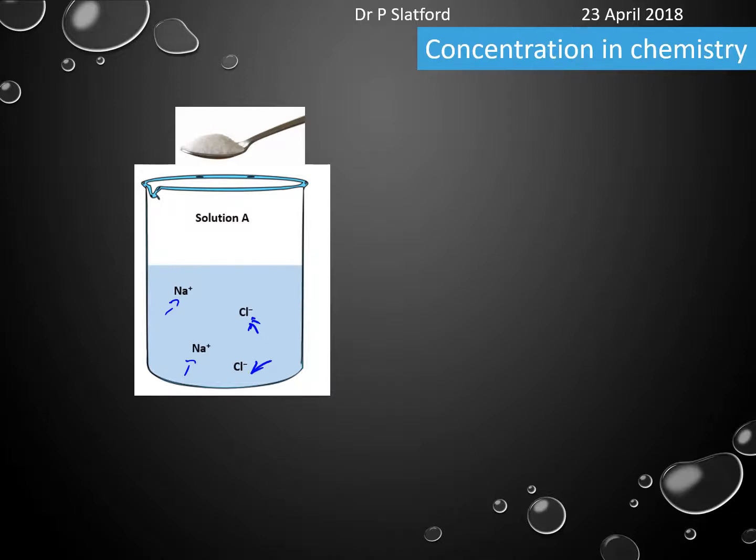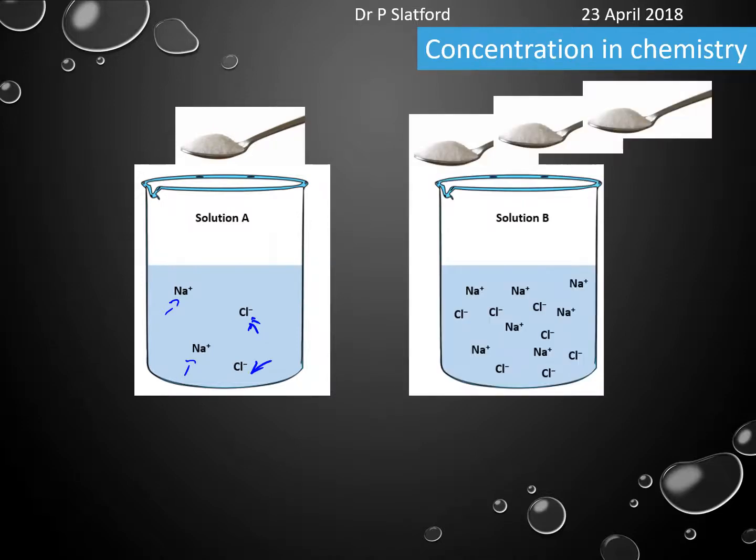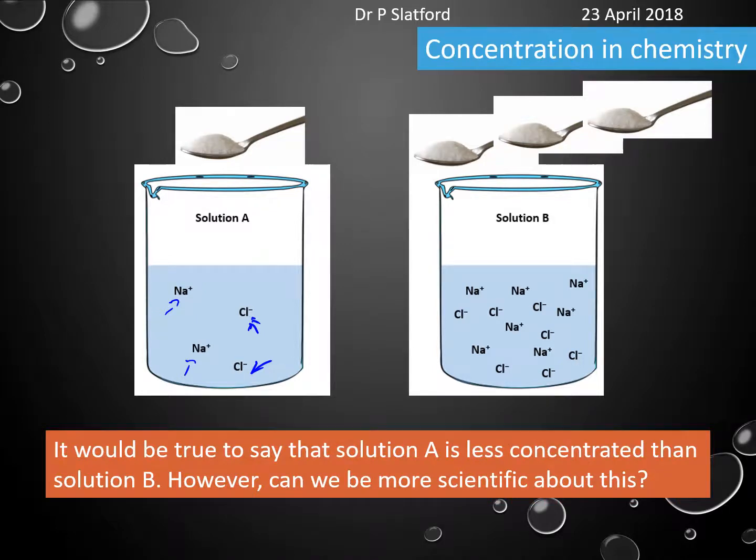If I take another beaker with some more water, but in this case I add 3 teaspoons of salt, then we can say that B is more concentrated in terms of salt than A, or A is less concentrated than B. But is there a more scientific way of doing it? Well, the answer is yes.